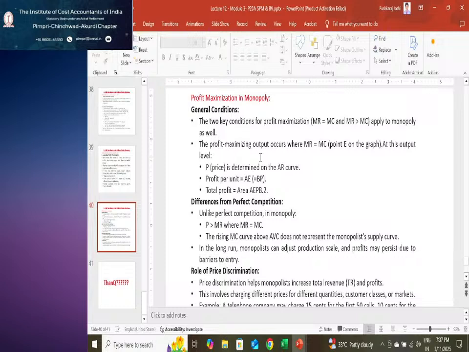The profit maximizing output occurs where marginal revenue is equal to marginal cost, that is point E on the graph in the study material. At this output level, price is determined on the average revenue curve. Profit per unit is equal to average revenue minus average cost. Total profit is the area of AEBP.